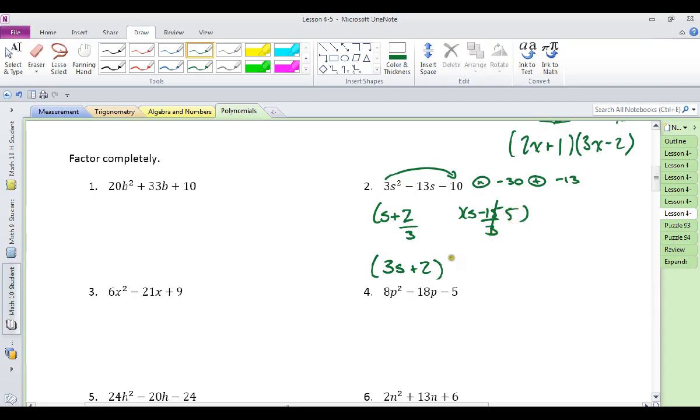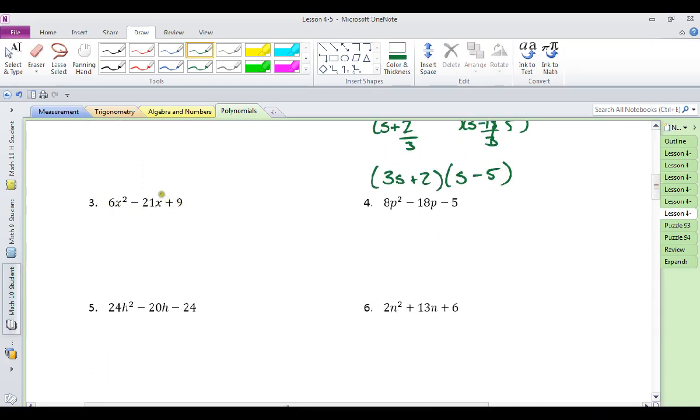So there's no denominator, so we write s minus 5. And then we check. Is 3s times s squared? Yeah, sure. Is 2 times negative 5 negative 10? Yeah, sure. So if the ends work, the middle works. It's automatic. Everybody cool? Everybody good? Okay.